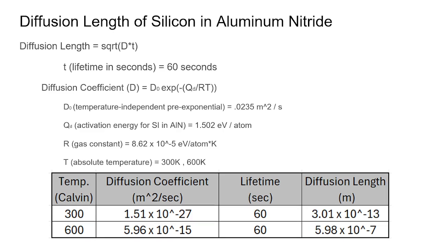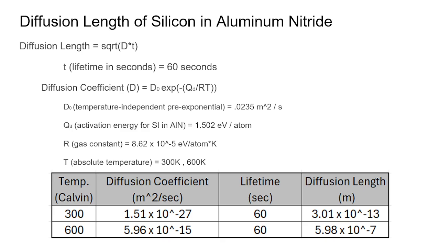Part 2 of question 3 asked you to find the diffusion length of silicon in your semiconductor A. Our semiconductor was aluminum nitride. Again, it's the same formula as from the previous slide. Diffusion length is the square root of Dt, where t is your lifetime in seconds and D is diffusivity, which can again be substituted for the diffusion coefficient.